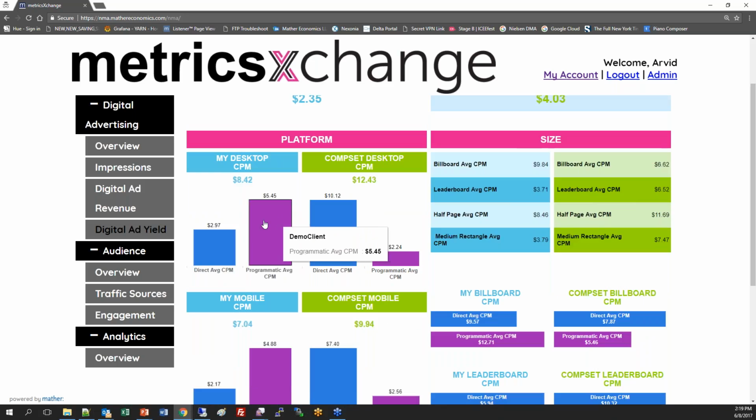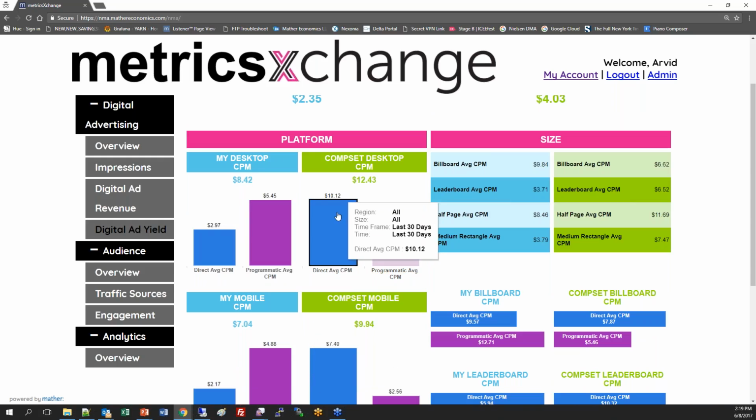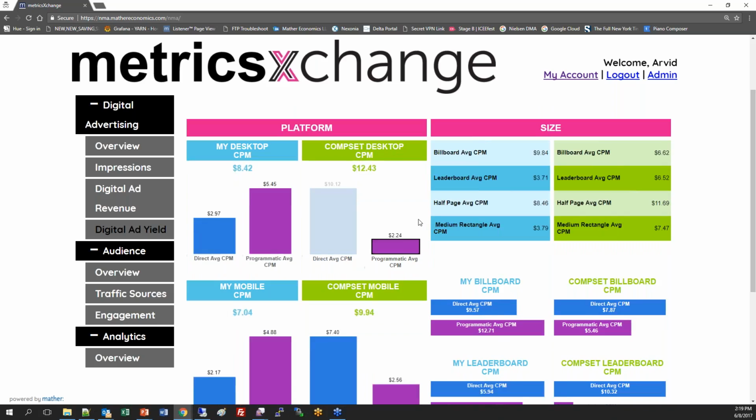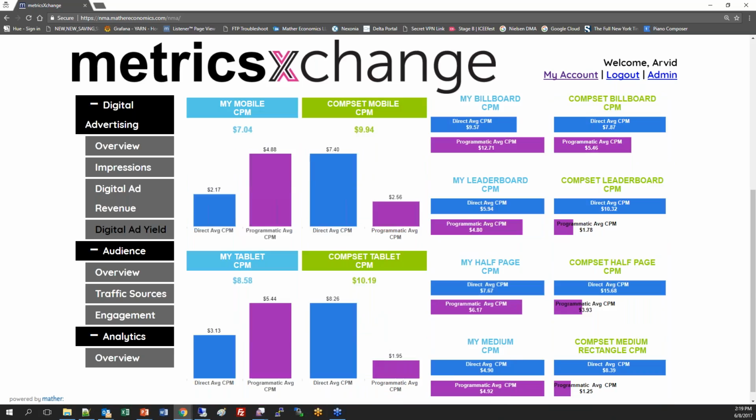Surprisingly, my programmatic is actually higher than my direct, which might be because I'm a demo client, so there may be some strange composite things going on there. But on average for the industry, it's about $10 for direct sold impressions on desktop versus about $2.24 for programmatic. And it's pretty similar across mobile and not too different for tablet either.